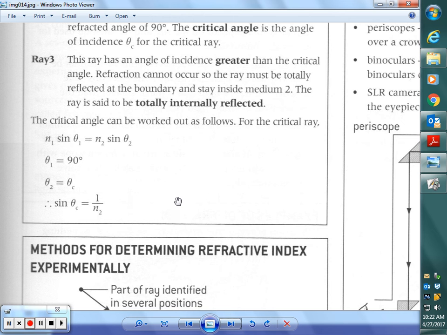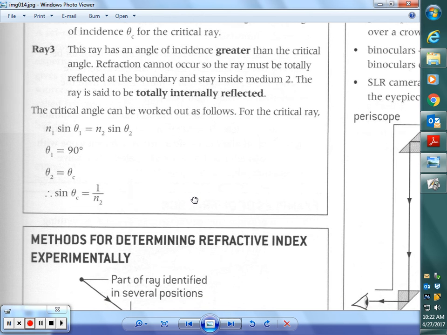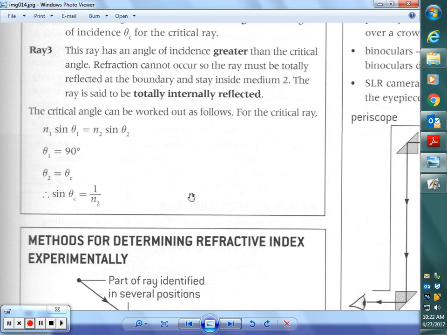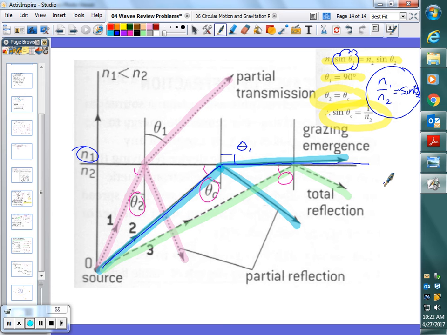I'm not sure why they just ditched n1 in this calculation right here. But depending on whatever the index of refraction is for those two substances, we could calculate the critical angle based on that ratio. Does that make sense?